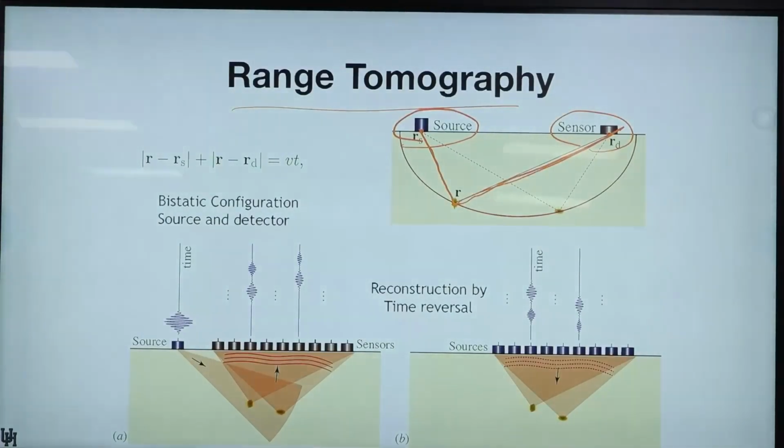If you measure the time and you know the velocity, the sum of the distances is what you will know, right? Does anyone know, if the sum of two distances is a constant, what kind of curve this will be?